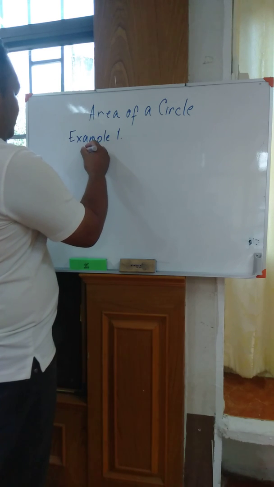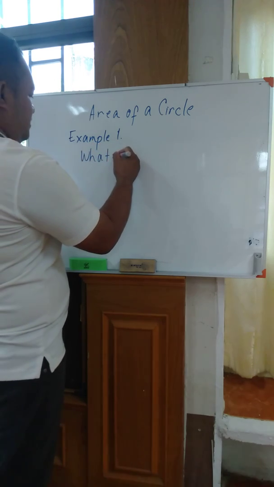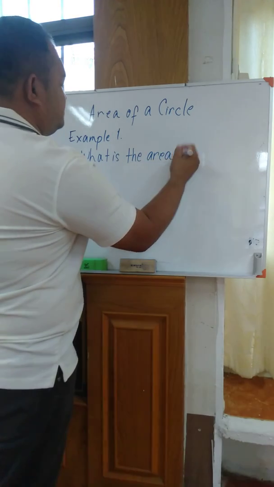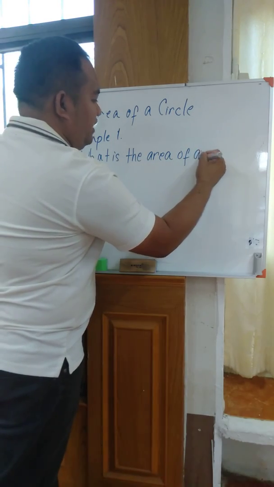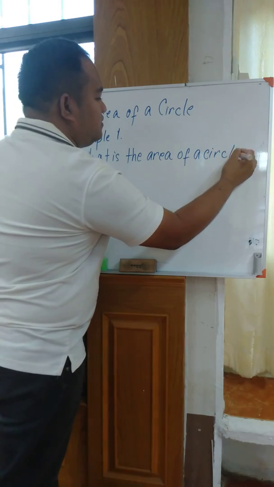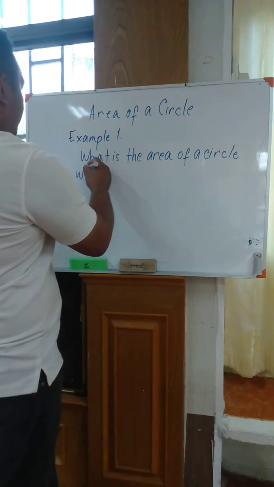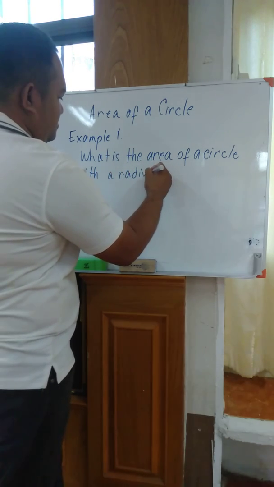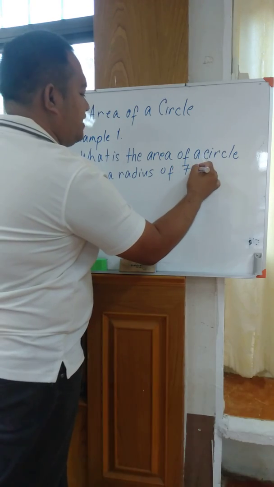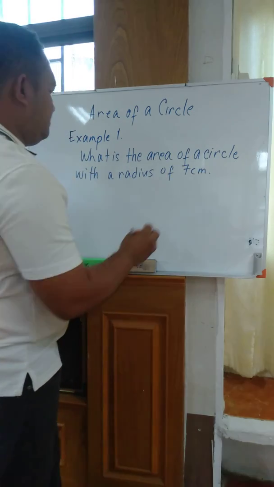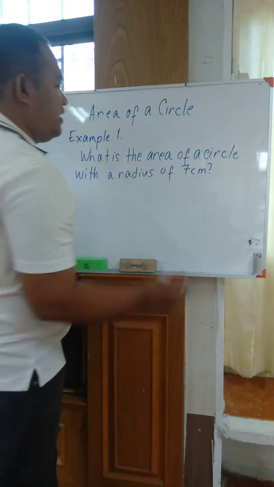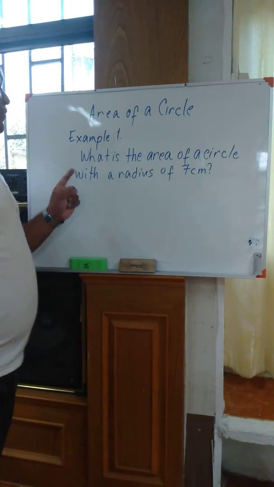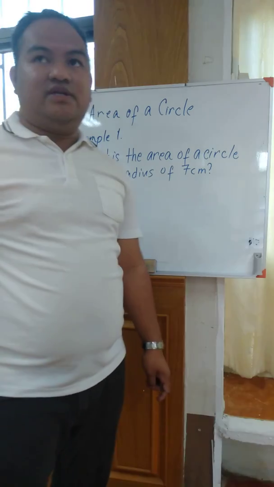Let's say we are given, what is the area of a circle with a radius of 7 centimeters? Okay, so what is the area of a circle with a radius of 7 centimeters?